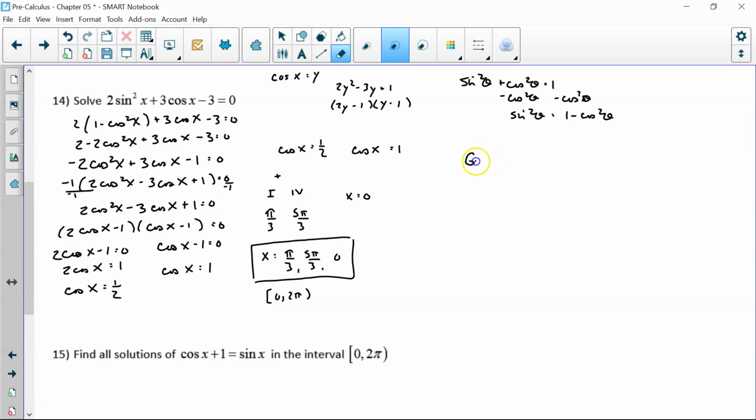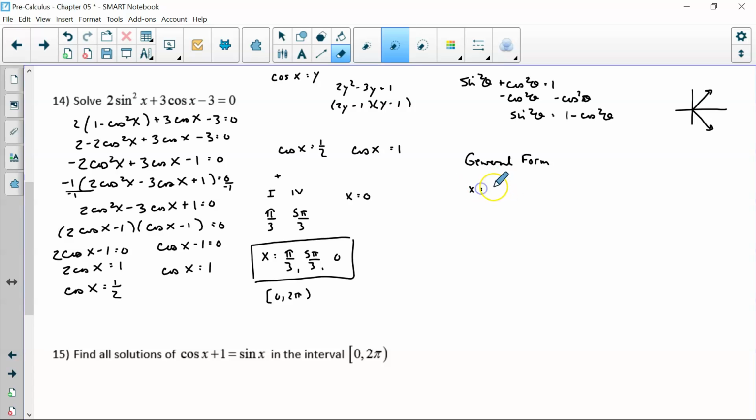Now, in the general form, pi over 3 and 5 pi over 3 are not really nicely separated. So to get to the next angle, we just have to keep adding our 2 pi.